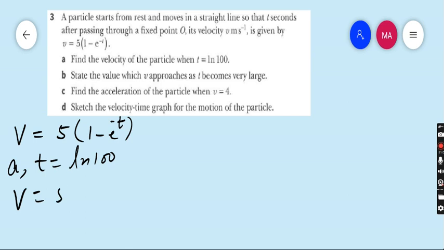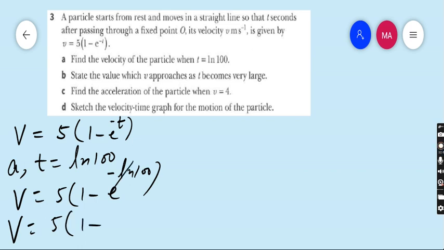So v equals 5 into 1 minus e to the power minus t. T is ln 100. V equals 5 into 1 minus, ln and e cancel. Minus minus plus. Kindly wait.